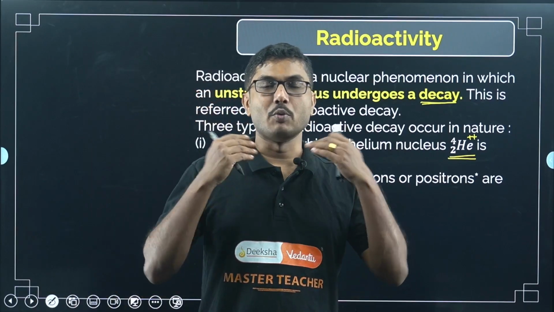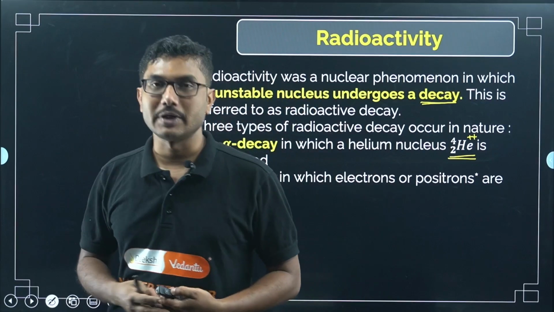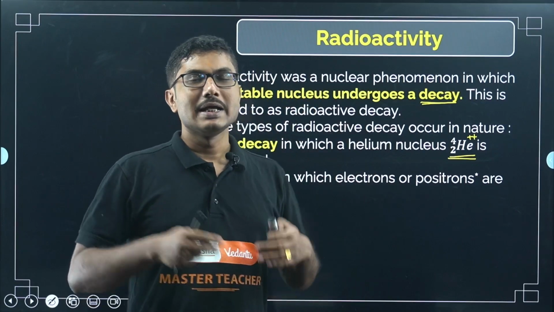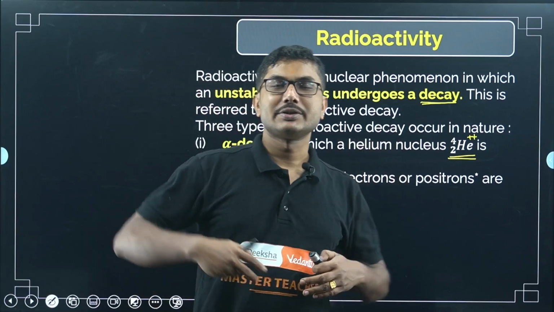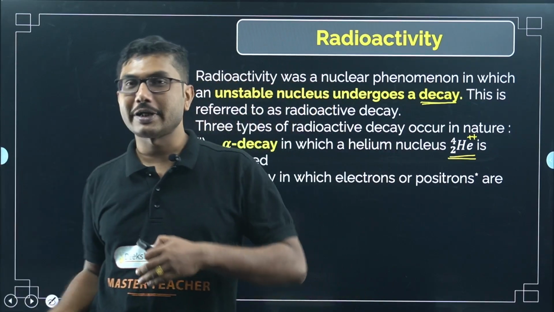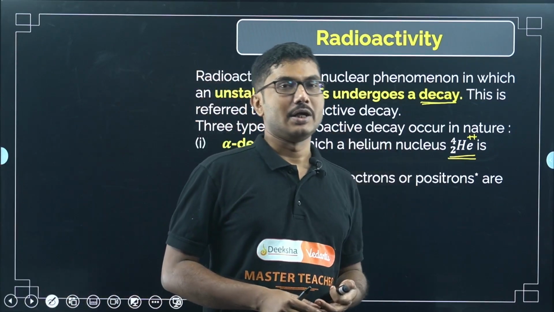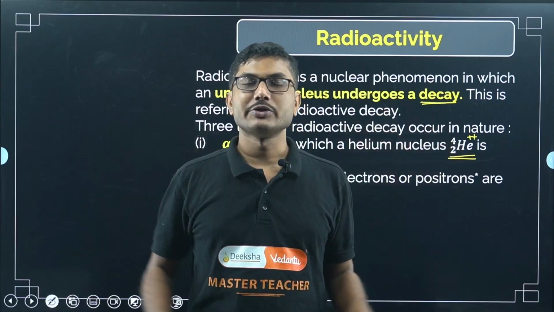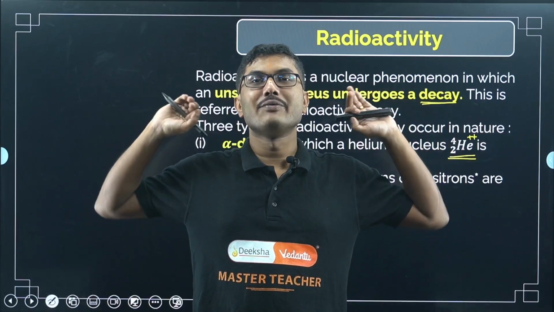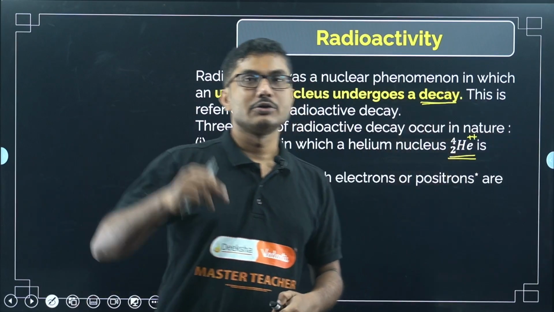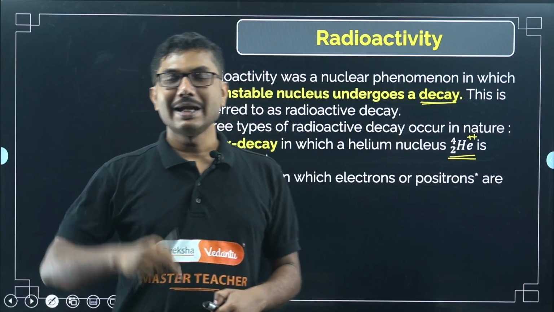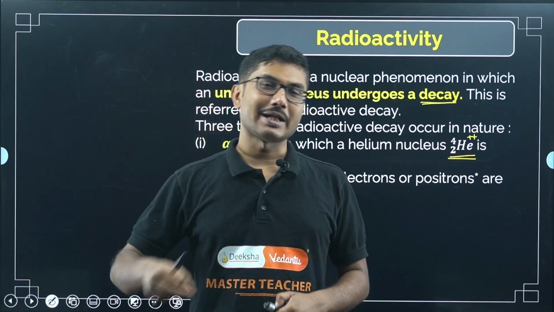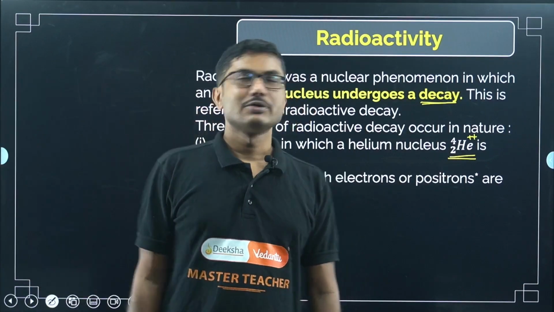This is a way of attaining stability of the nucleus. Some nuclei are so large, they have a lot of protons and a lot of neutrons inside. It is not possible for the nucleus to hold on to everything that it has. So slowly one neutron will decay into a proton and an electron, and that electron will come out.